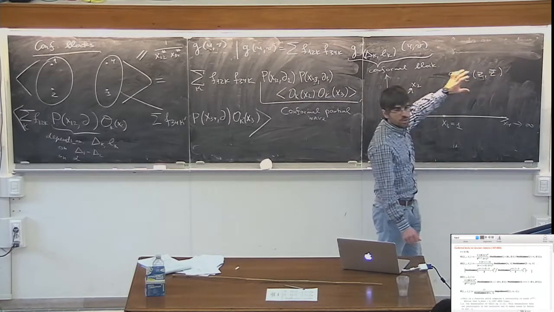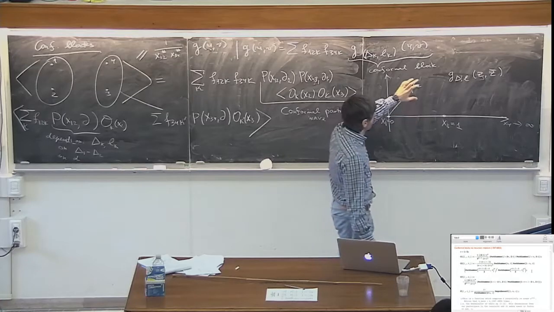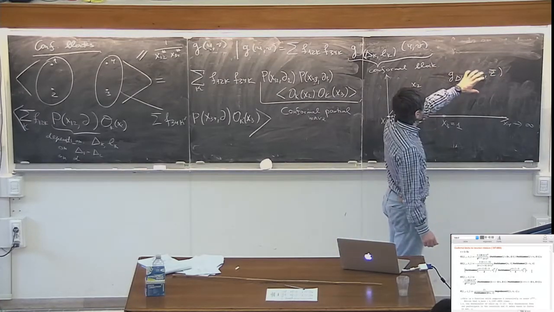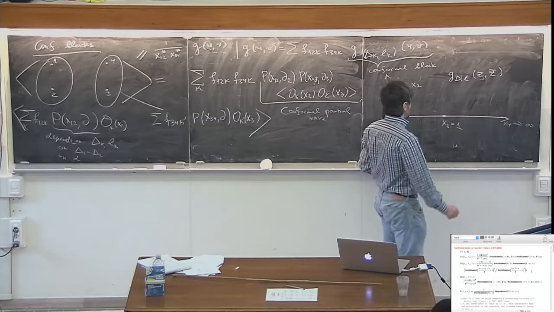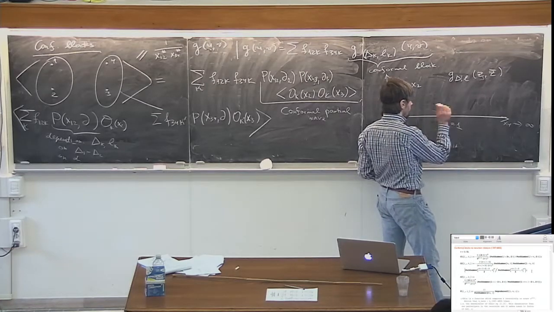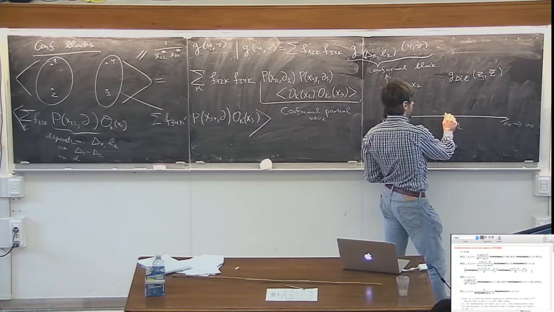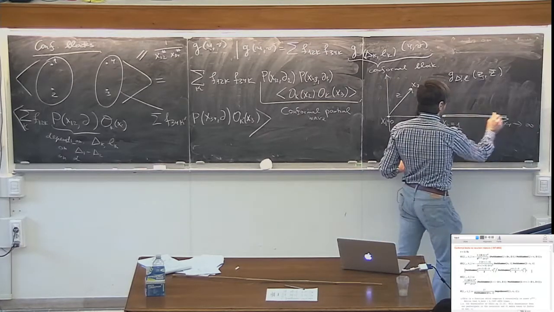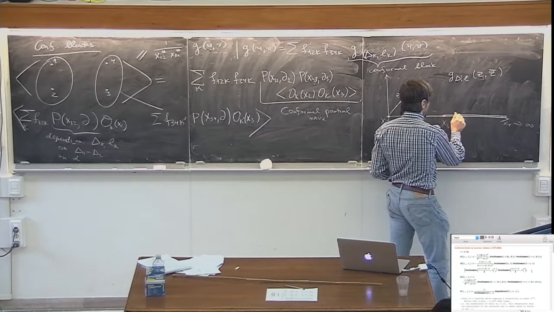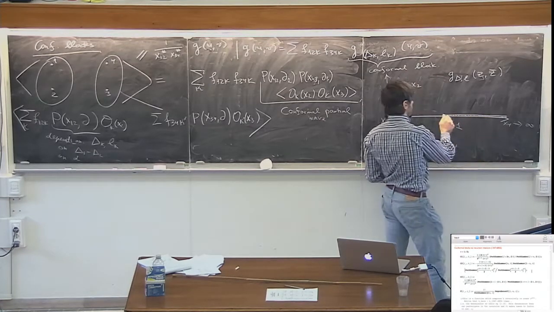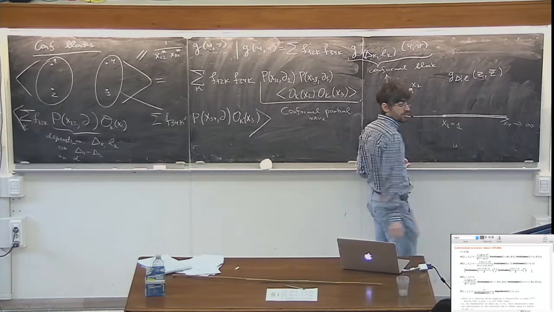In higher dimensional CFTs, it's not the case. So z and z bar are mixed, but still this function is a real analytic function, as we say, everywhere except for this interval, which extends from 1 to infinity.